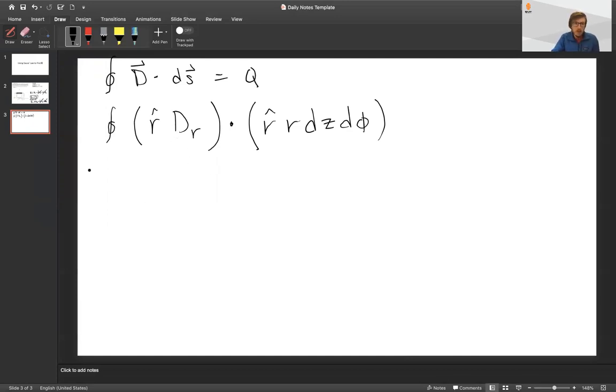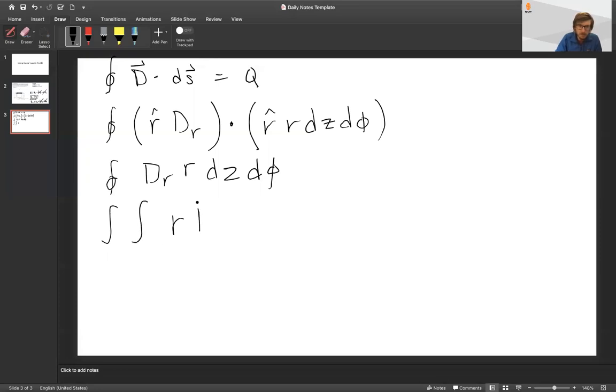And then we need to solve this integral. In our case, we go from 0 to L and from 0 to 2 pi.